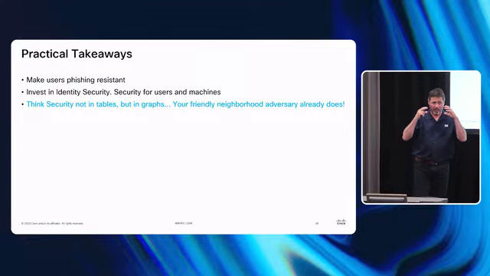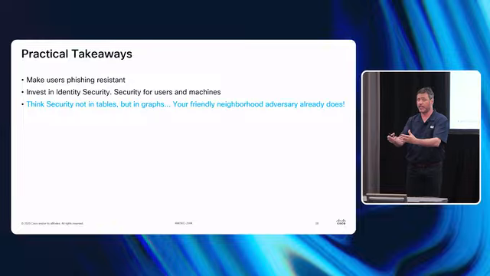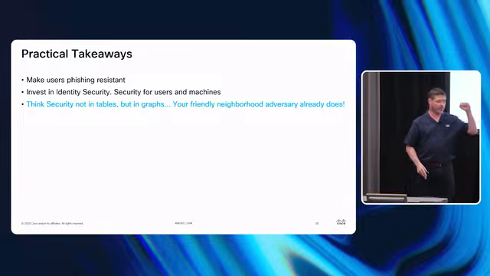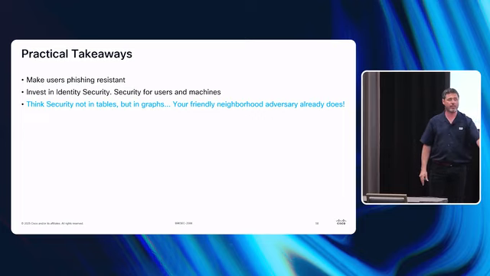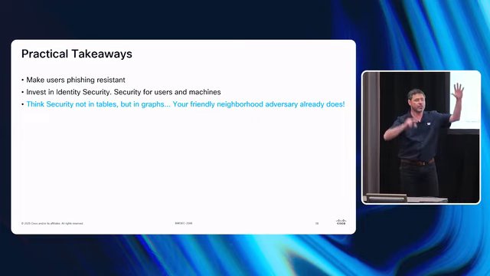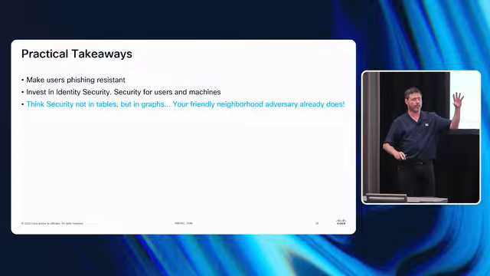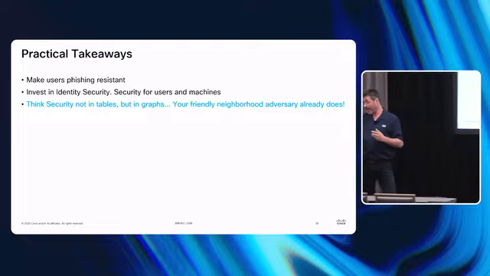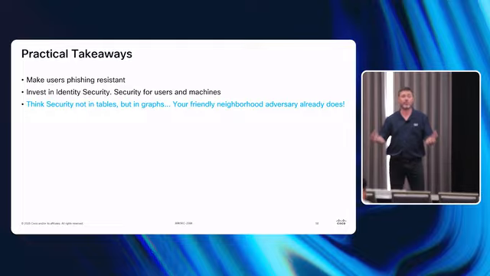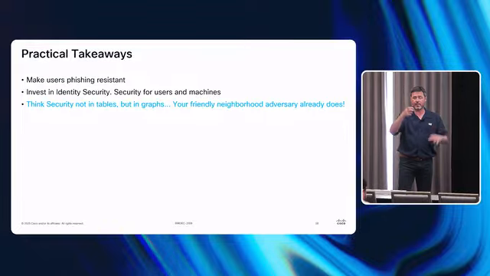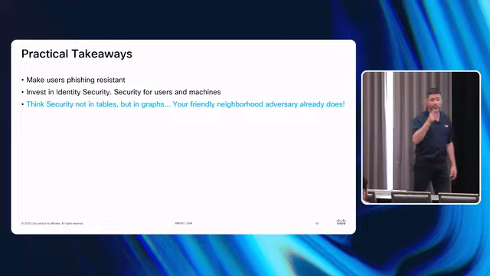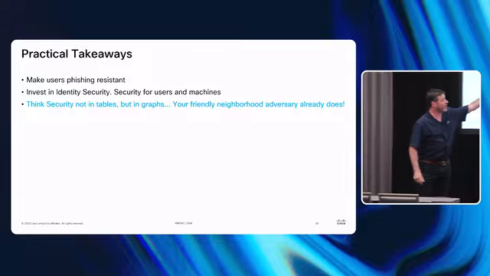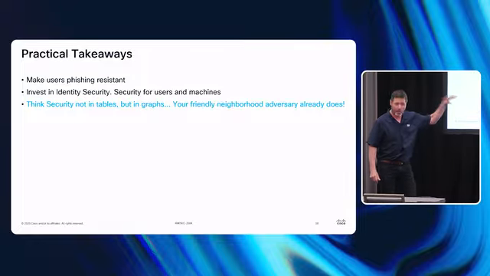We work on multiple operating systems, different devices, even BYOD. Some of them are patched in good shape, some of them are really, really bad. We use SaaS applications, on-prem applications. There is a huge dependency. And Cisco Identity Intelligence actually helps you to reveal these dependencies in your identity ecosystem. And why is it important? Because your friendly neighborhood adversary already thinks in graphs and not in tables.